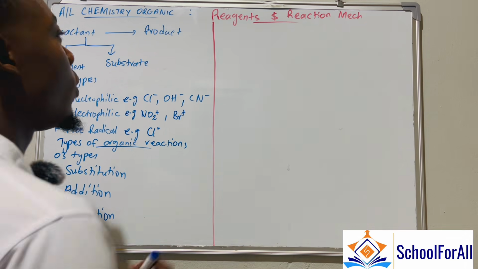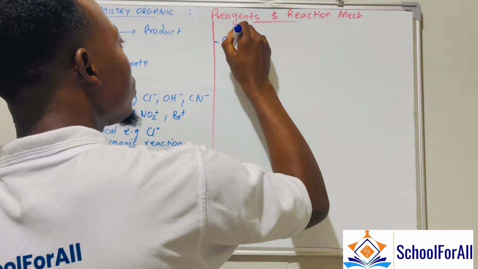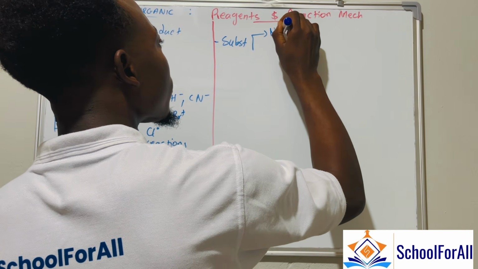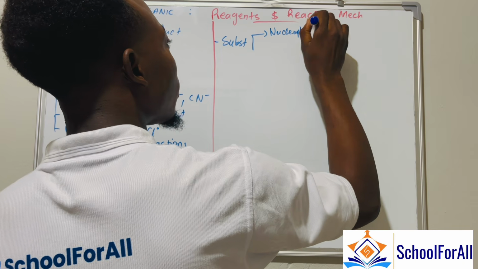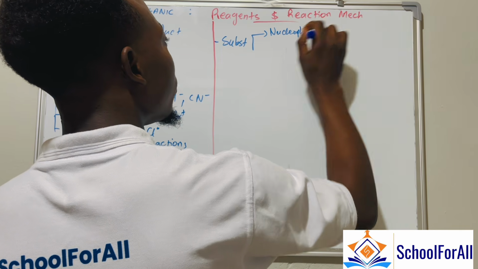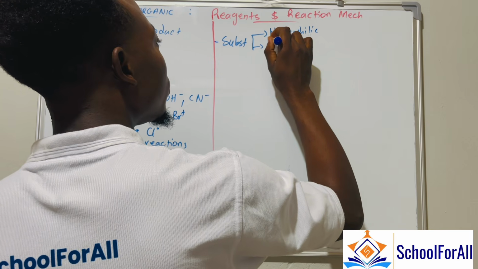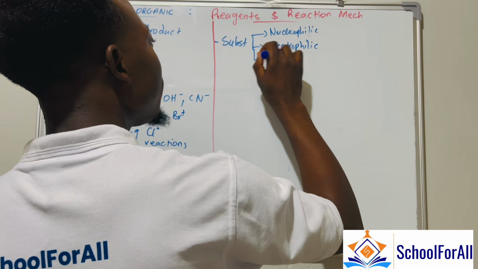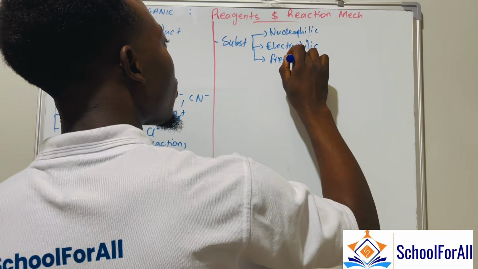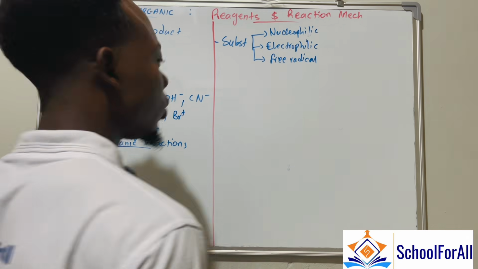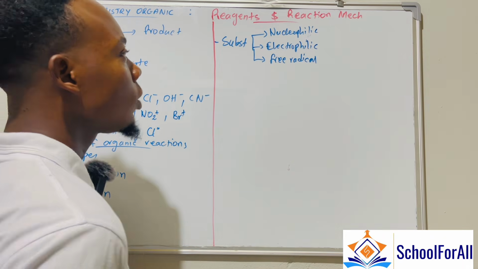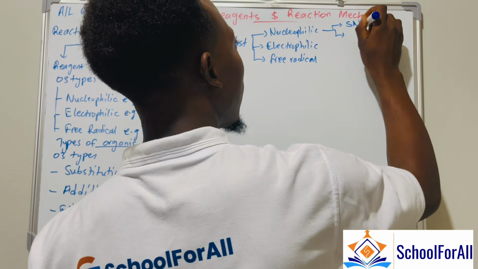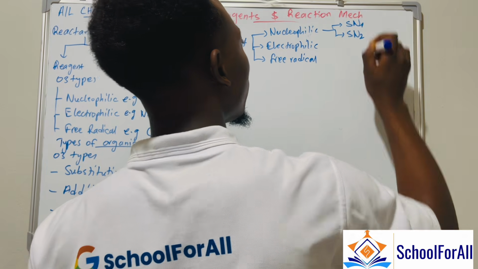For example, substitution will be separated into nucleophilic substitution, electrophilic substitution, and free radical substitution. And the nucleophilic substitution will also be divided into SN1 and SN2.